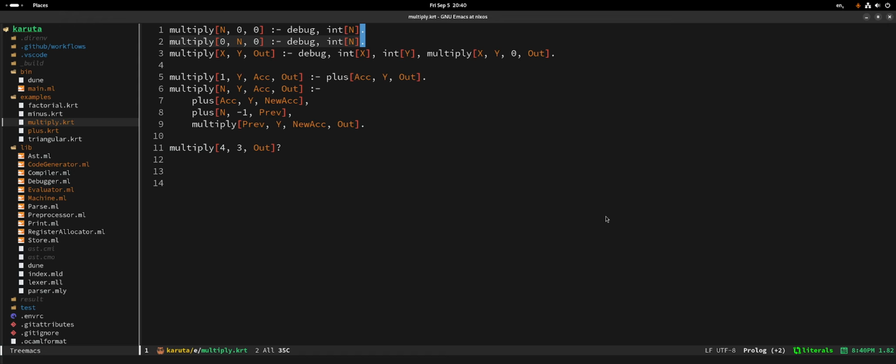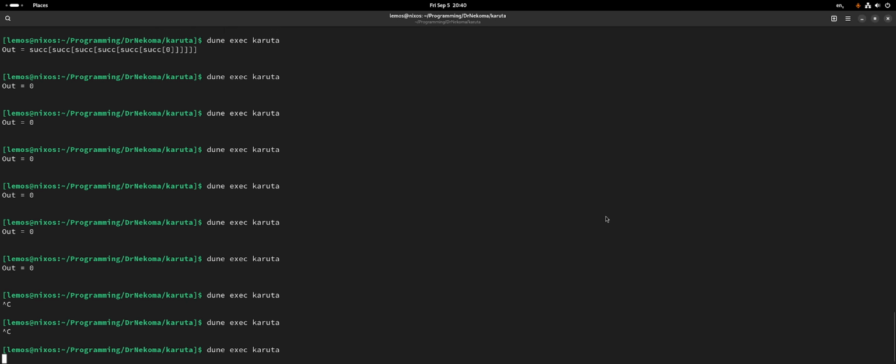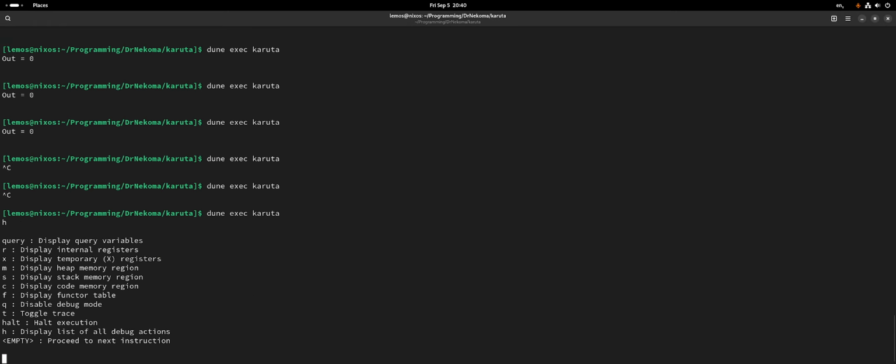Multiply for 3 out, but it's reaching the multiply 0. Did we hit the breakpoint, right? Yeah. Can we print the registers, just to be sure?